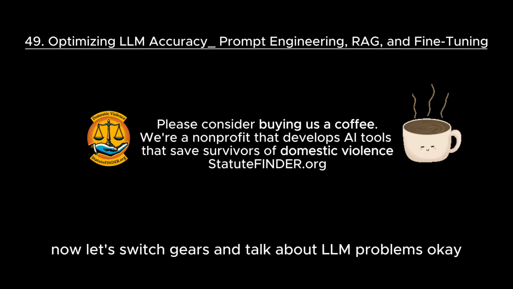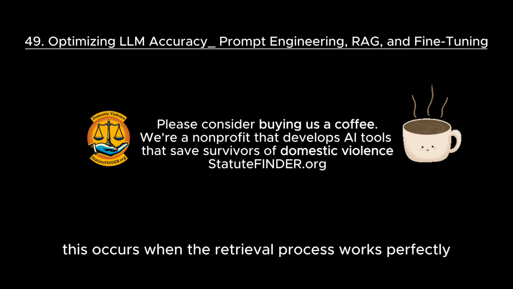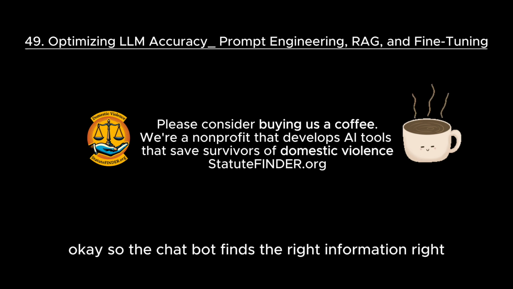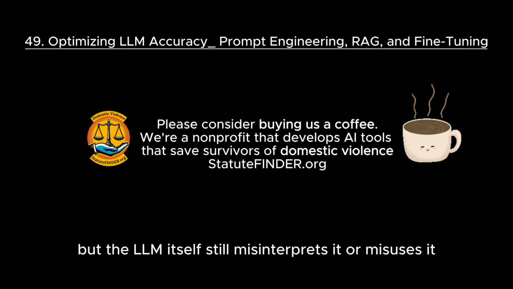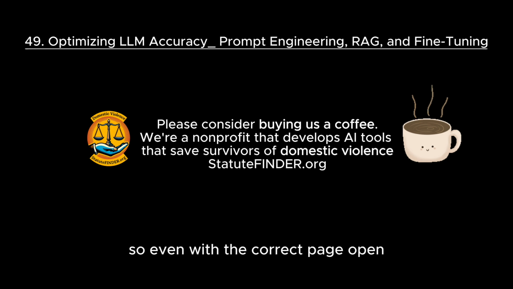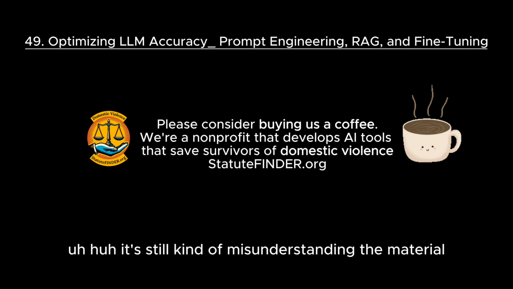Absolutely. Now let's switch gears and talk about LLM problems. This occurs when the retrieval process works perfectly. So the chatbot finds the right information, but the LLM itself still misinterprets it or misuses it. So even with the correct page open, it's still misunderstanding the material. Right.